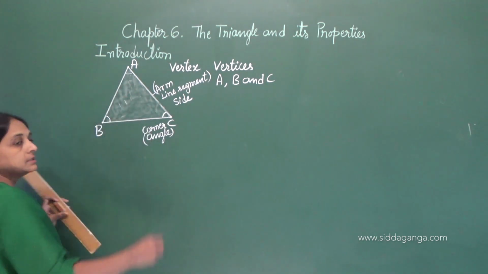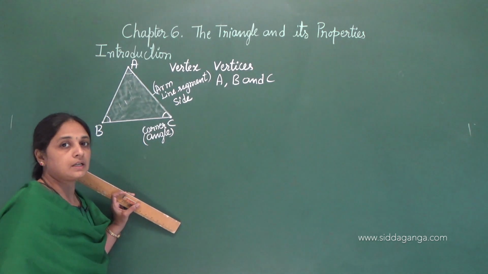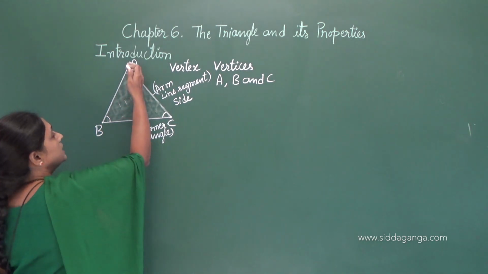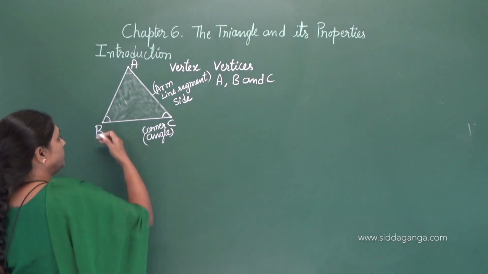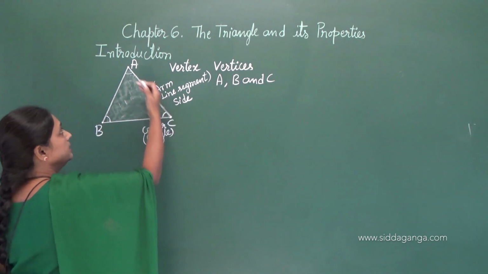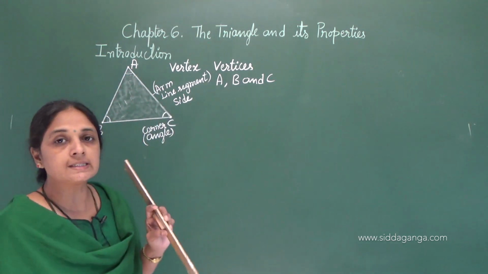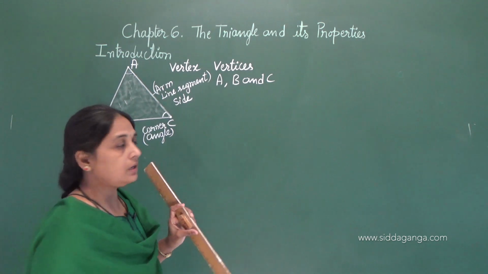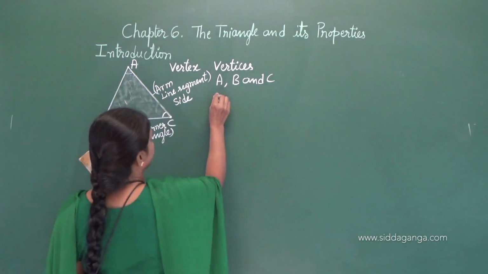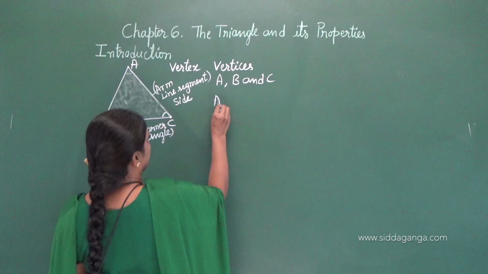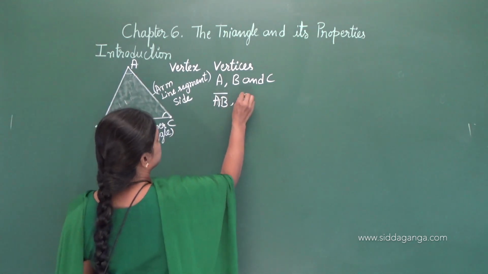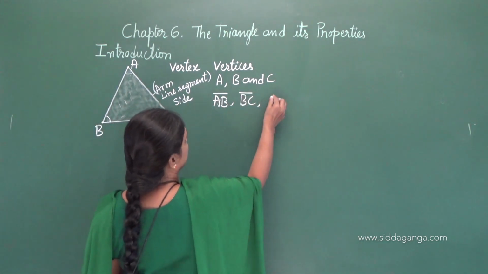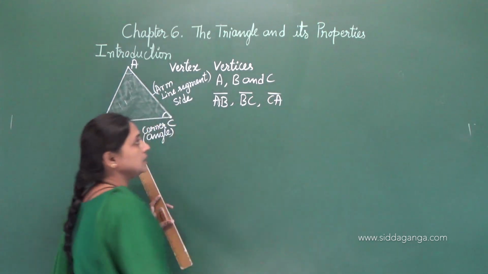How many sides does a triangle consist of? It consists of 3 sides, that is side AB, BC and CA. Because these are line segments, we denote them like this: side AB, side BC and side CA.